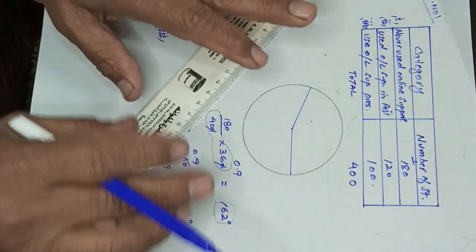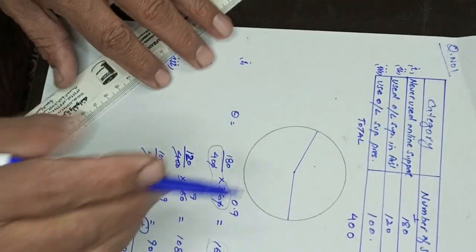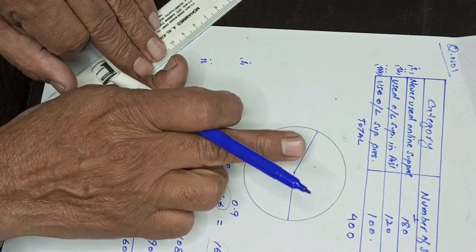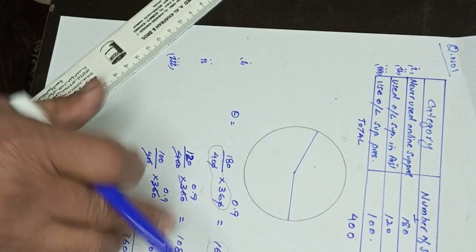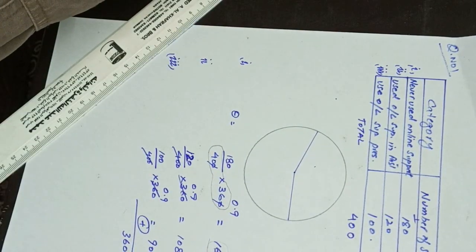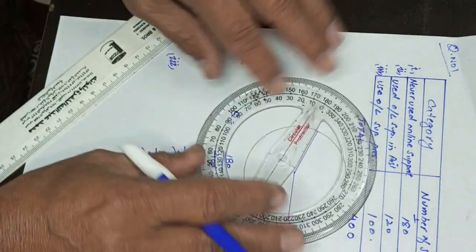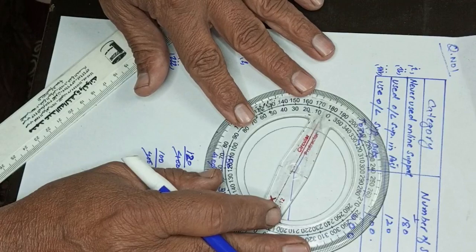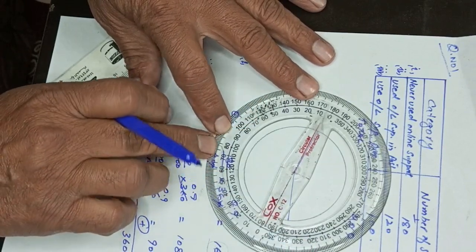We'll proceed in head to tail arrangement. Now this is our starting point for the next category, and that is 108 degrees. Now in the same way, I am going to draw 108 degrees.